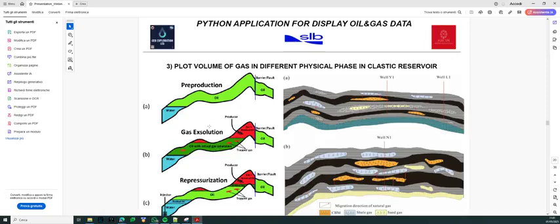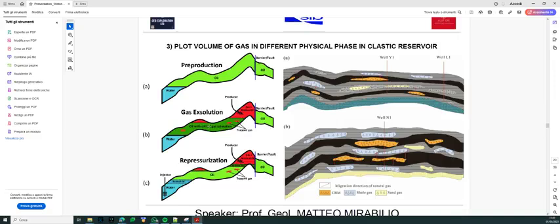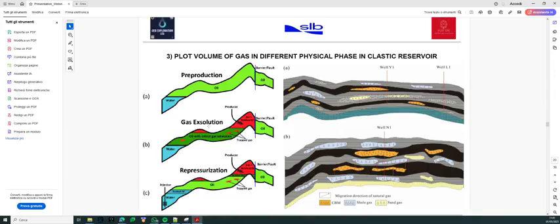What does it mean? It means to make a geological reconstruction of the area. It means also to understand the process that we are starting for the first time, the pre-production.